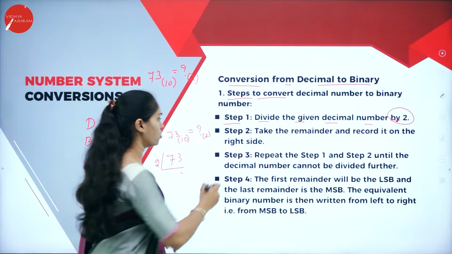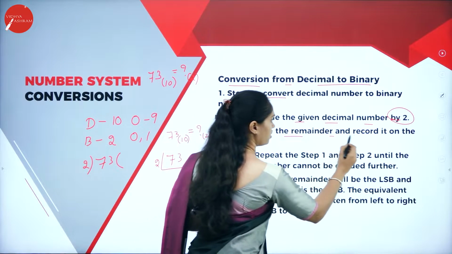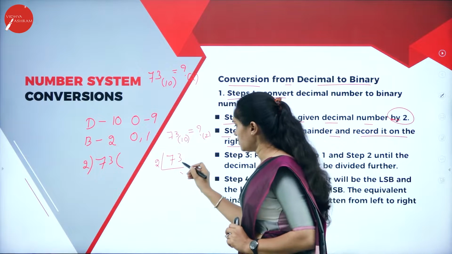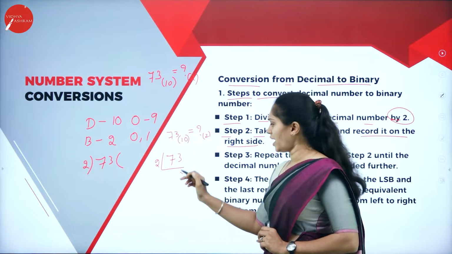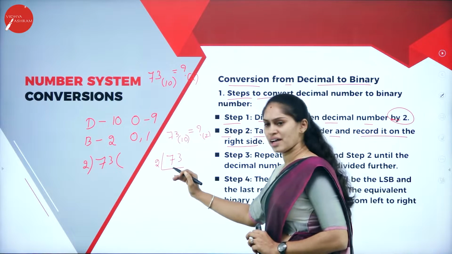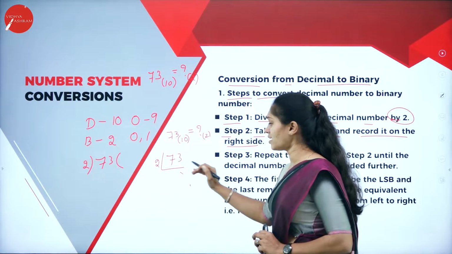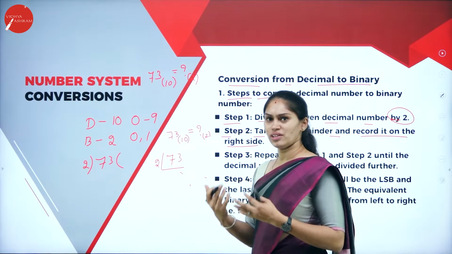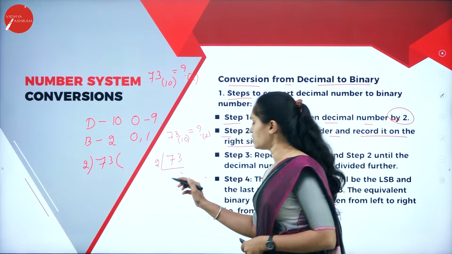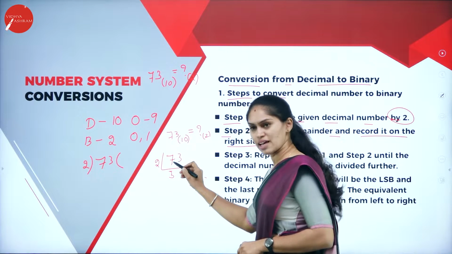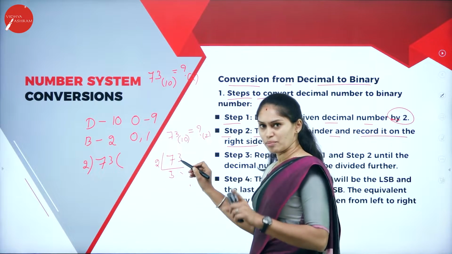We'll see step 2. Take the remainder and record it on the right side. So understand one thing, this is the quotient. I have to divide this value by 2. Then whatever remainder I get should be on the right side. We'll divide now. So how am I going to divide this 73 by 2? 2 3s are 6. 7 minus 6, the remainder is 1.